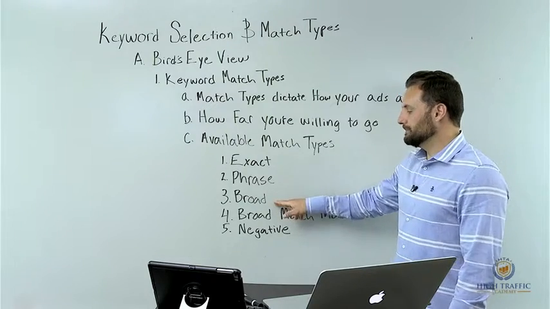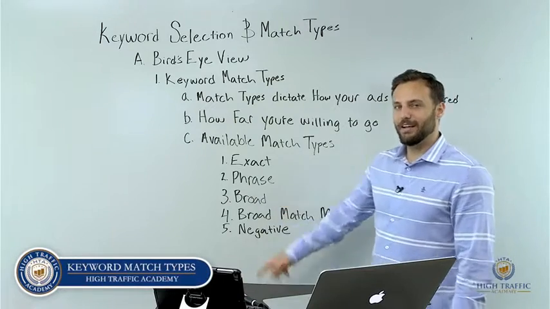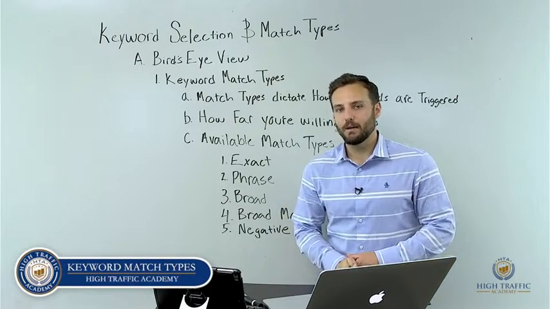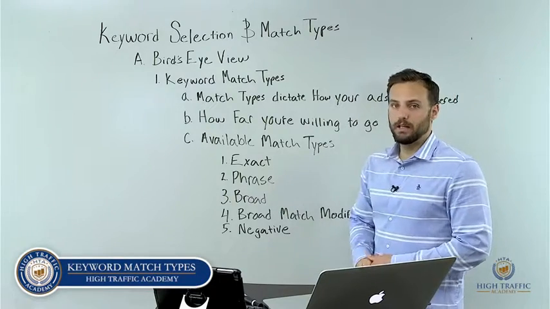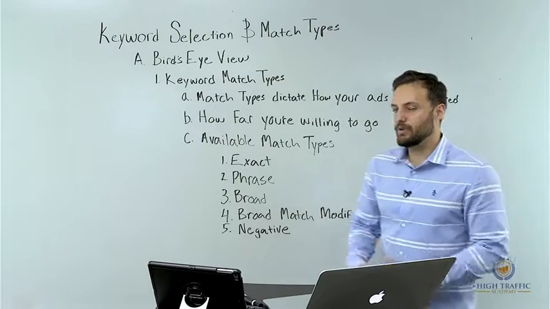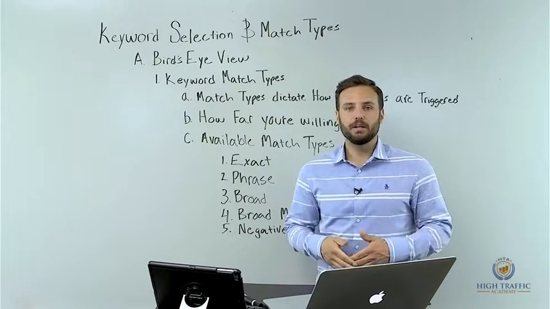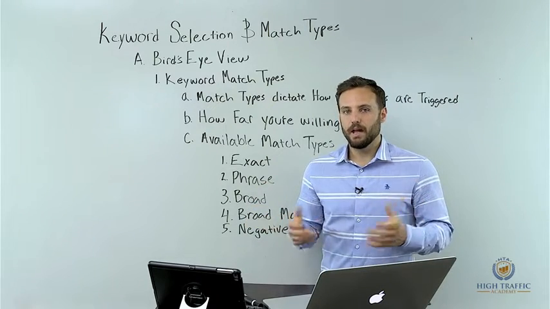The next one is broad match. Broad match is a very dangerous match type to set your campaigns up under, and the reason for that, which we'll go into in much more depth in the next video series, is that broad match basically says if your keyword that you're bidding on is men's boots, it could be something that is very far away.